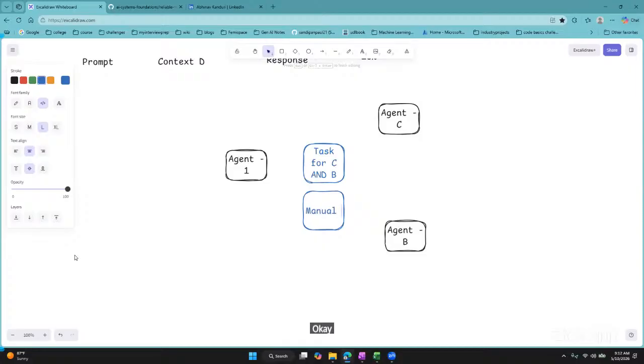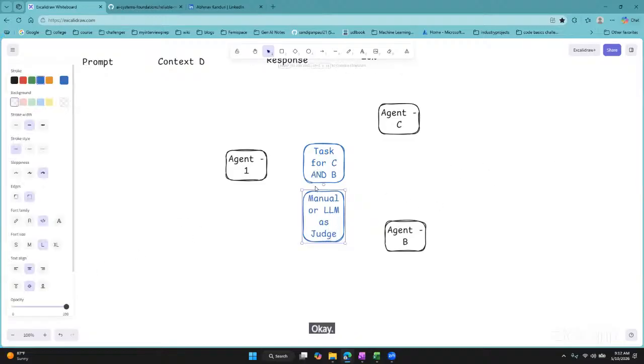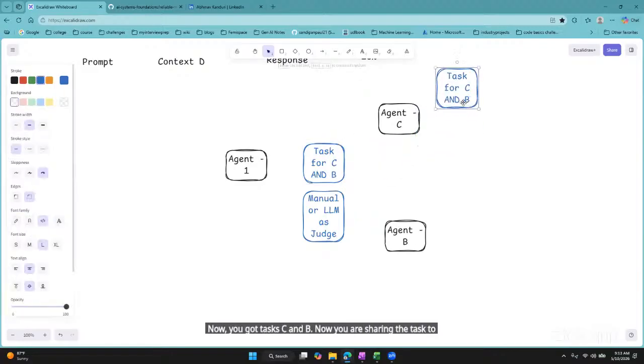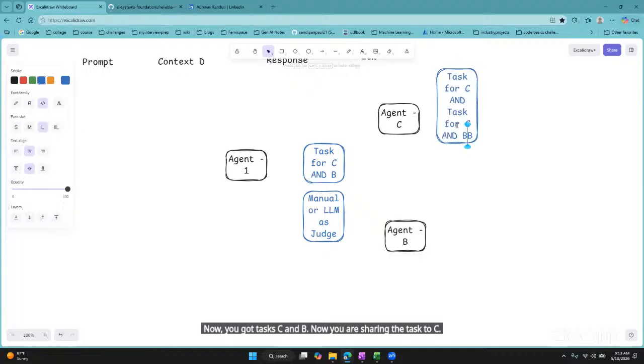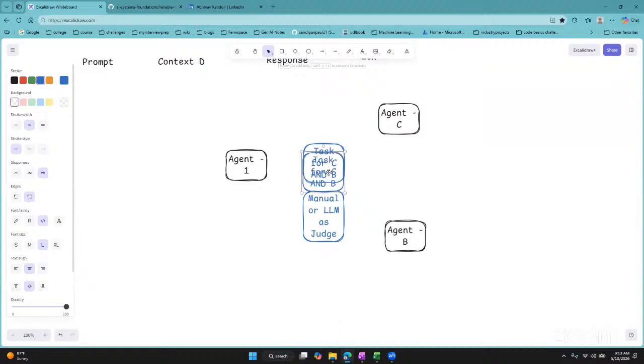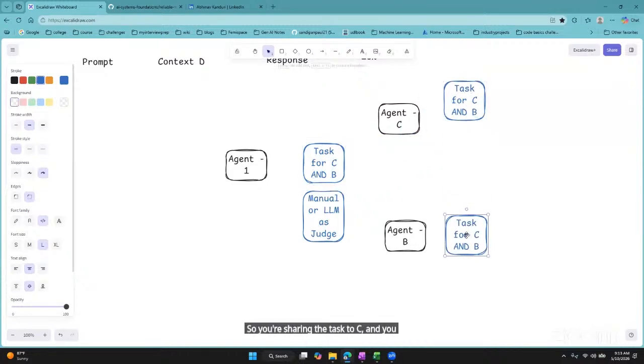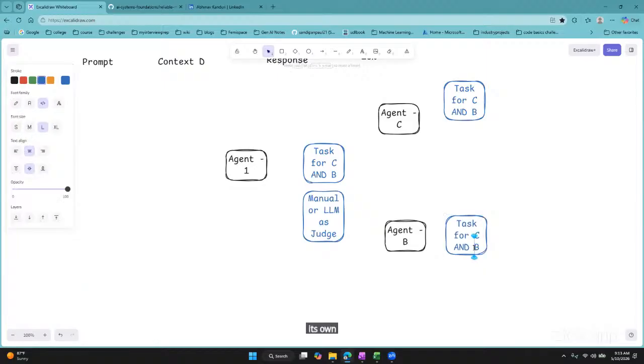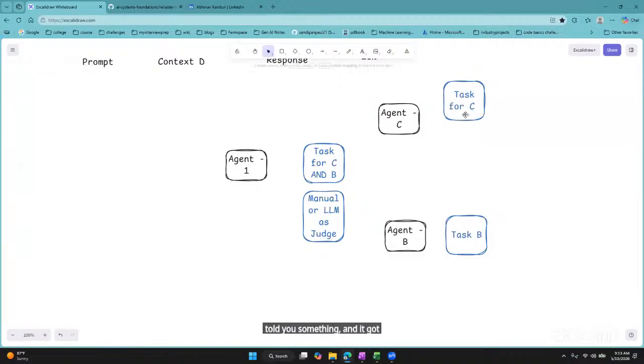Now you got tasks for C and B. Now you are sharing its own task to C and its own task to B. Now the LLM as a judge told you something and it generated these two tasks.